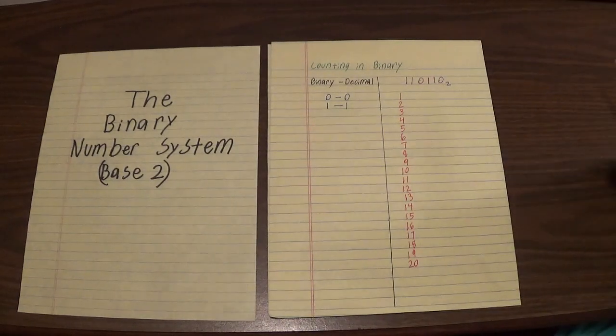So 1 in binary is basically like 9 in our decimal system. So when you're counting in decimal, 0 through 9, that's as far as you can go in one place value. Then you have to add another place value. Well, in binary, 1 is like that 9.